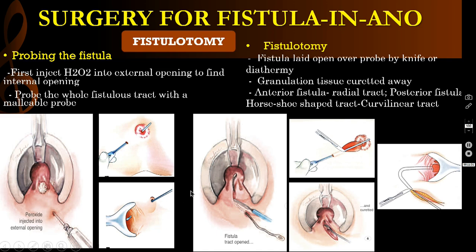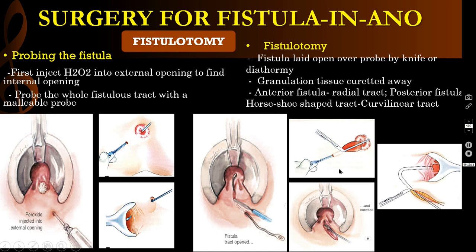Then you cut from the internal opening up to the external opening, or you can start from the external opening and go to the internal opening. The fistula should be laid open over the probe, either by a knife or better with diathermy so that any bleeding can also be controlled. After fistulotomy, any granulation tissue in the tract can be curetted with this curette.